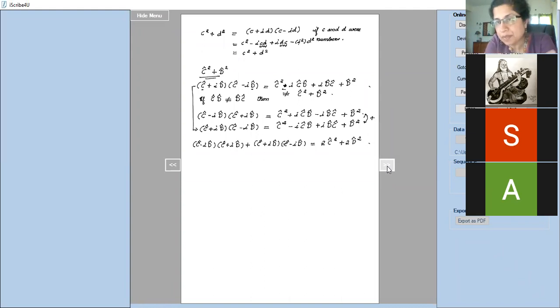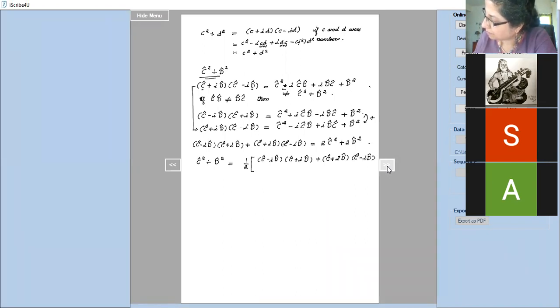Okay? Or I can write C square plus D square is equal to half of C minus iD into C plus iD plus C plus iD into C minus iD. Okay?